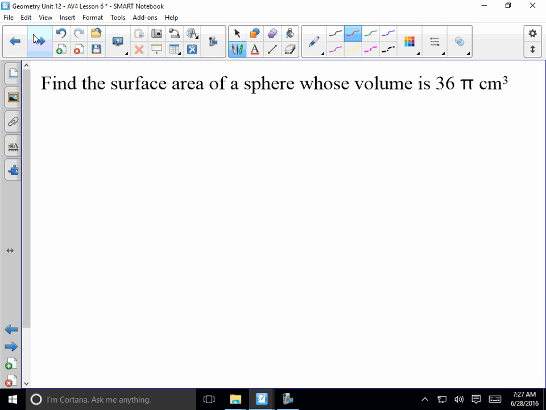Okay, one last problem here where we're converting back and forth. Find the surface area of a sphere whose volume is 36 pi centimeters cubed. So what we want to remember in this situation is we're going to use our volume formula, 4/3 pi radius cubed, to solve for our radius. So 36 pi equals 4/3 pi r cubed.